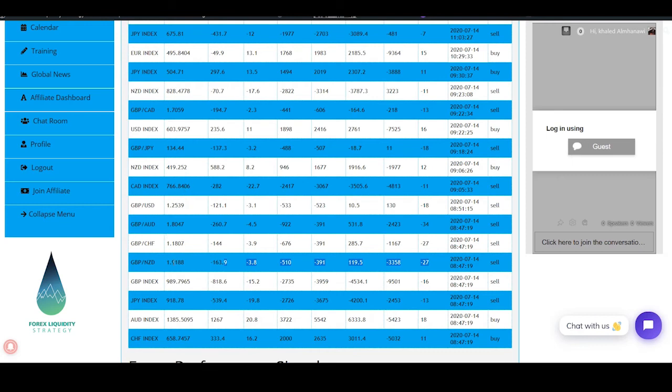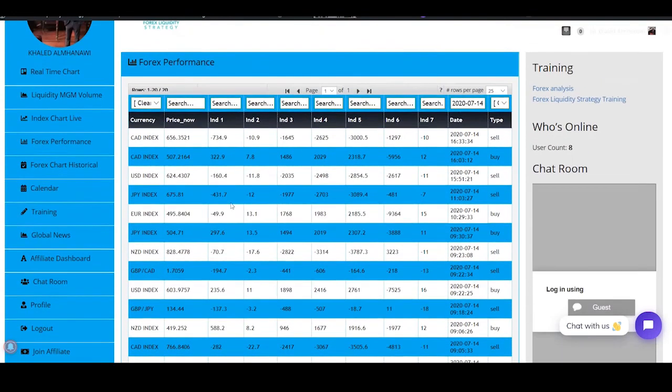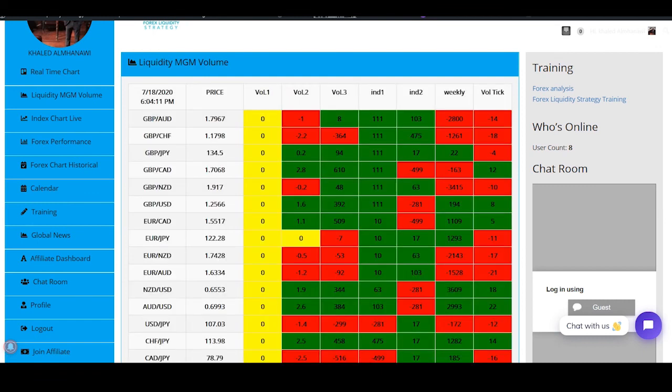When you choose as a basket, you look at the total, how many pips. You wouldn't look at single trades. We had alerts for the rest of the day. In the afternoon session, we had alerts as indexes. So when you have an index as a buy, an index as a sell, for example for yen, or euro, indexes sell and buy, then you look at the single alert, the single trade.